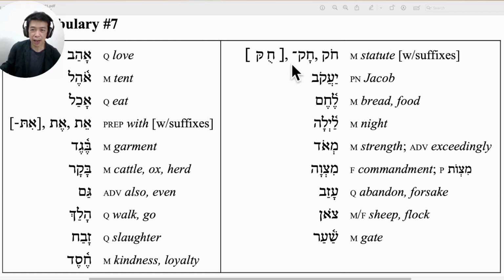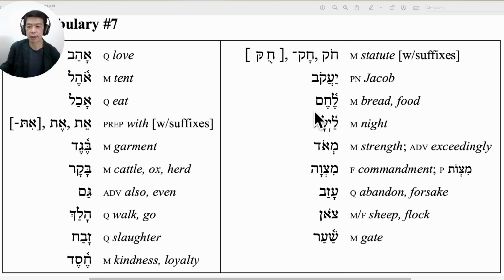The next word is a name. It means Jacob, Yaakov. The next word is bread or food, lechem.